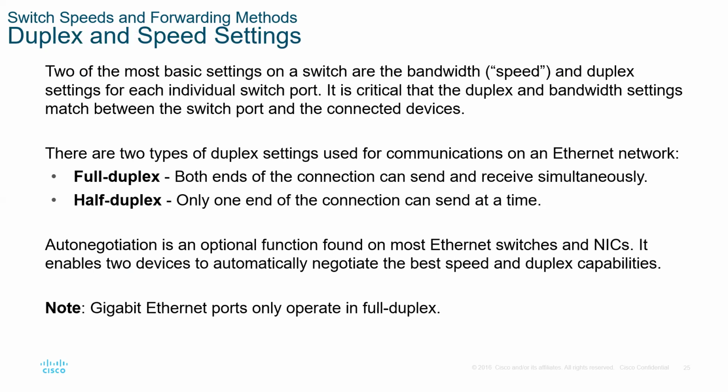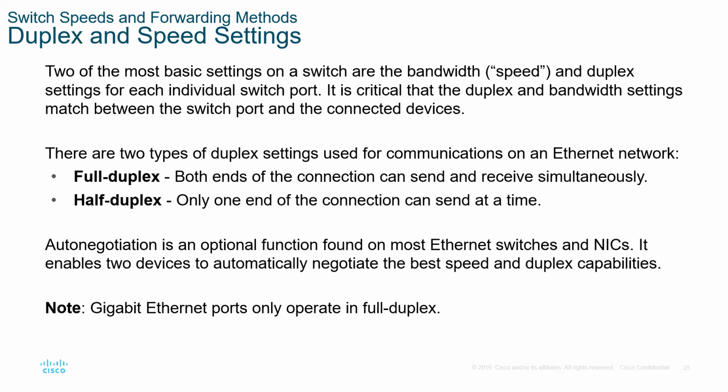Two of the basic settings on a switch are the bandwidth and duplex settings for each individual port. It is critical that the duplex and bandwidth settings match between the switch port and the connected devices. We already discussed duplex settings, half duplex, full duplex.